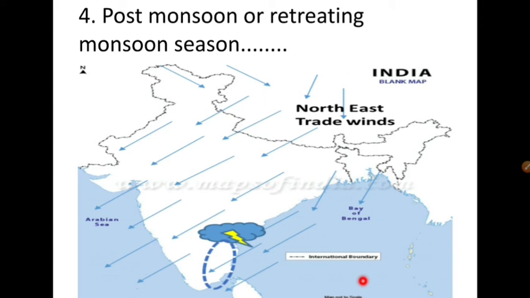It may be mentioned that while the arrival of monsoon is sudden and abrupt, its withdrawal is rather gradual. By the second week of October, the southwest monsoon is withdrawn from about two-thirds territory of India.